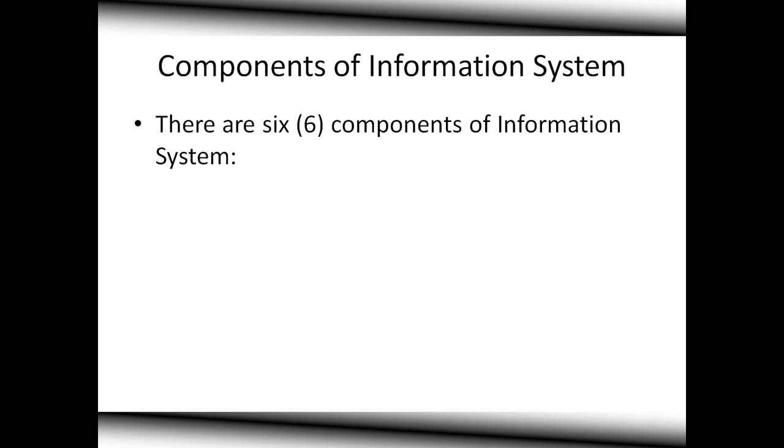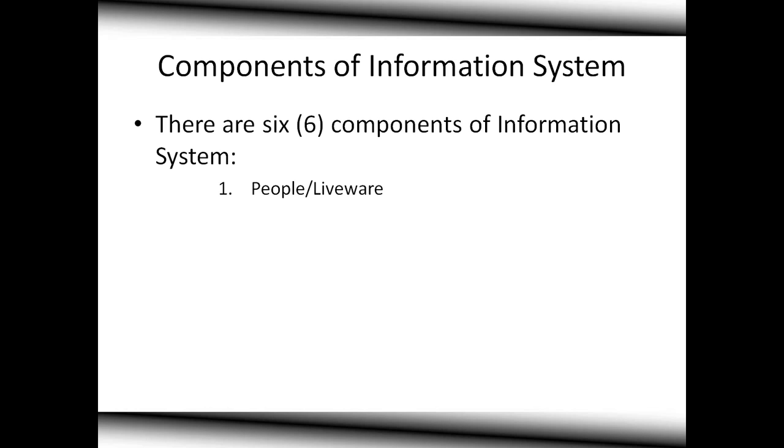You know, there are 6 components of information system. Previously, it was thought that there were 5 components. No, there are 6 components. So if you see 5 components in a material, then it means there's one missing.